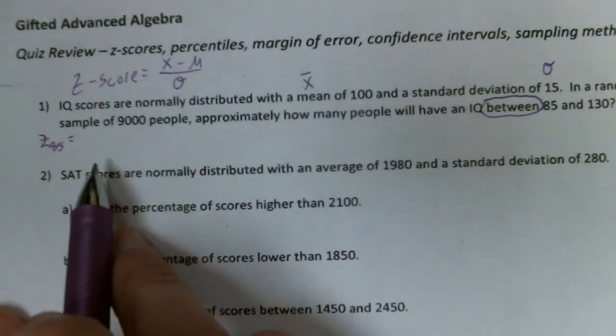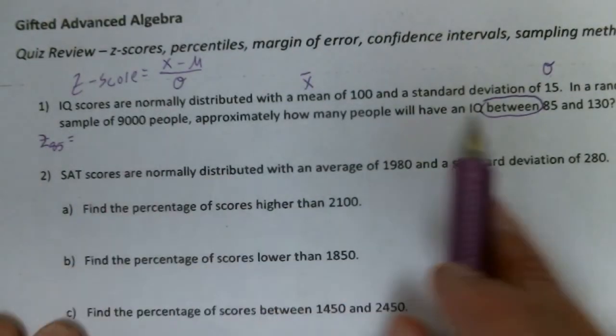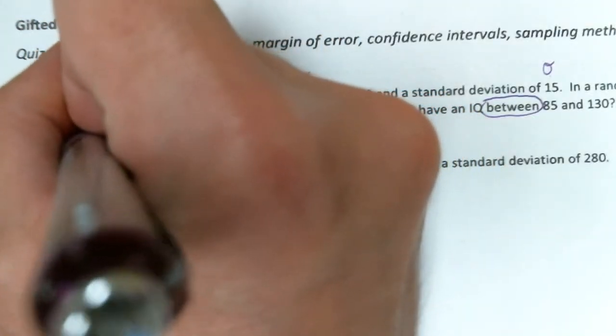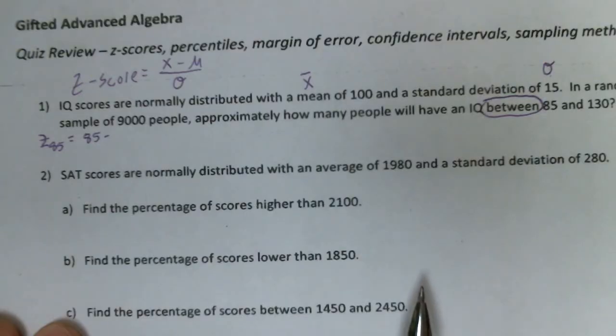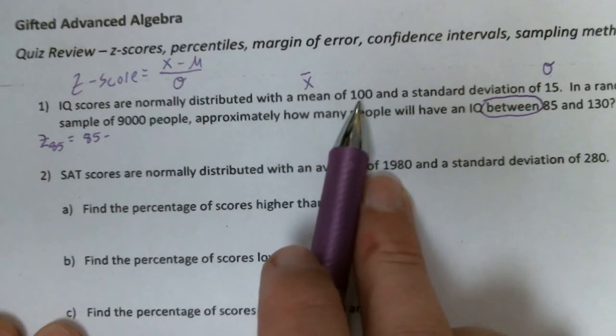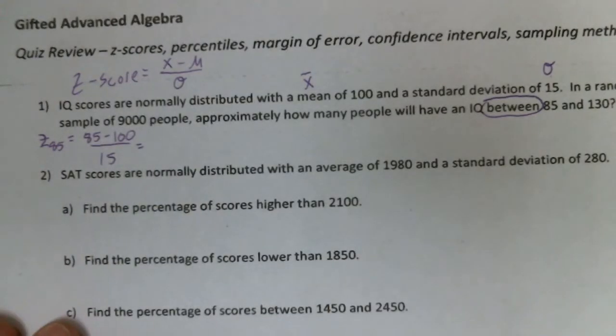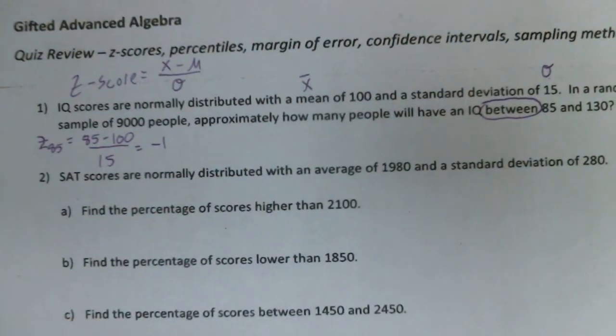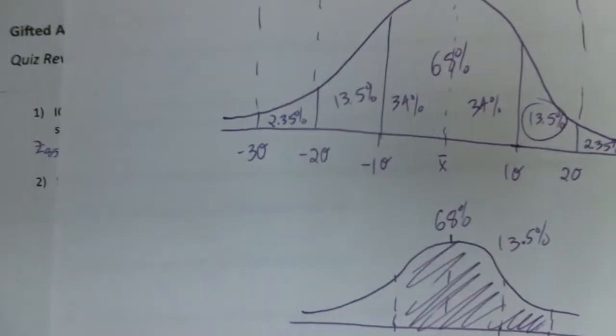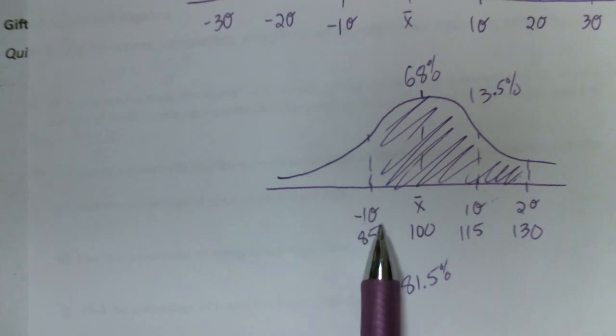So that's our raw data point, which is 85, minus the average, which is 100, divided by the standard deviation, which they told us was 15. If we do the math, that comes out to be -1. Well, what do you know? Isn't that the same thing we said over here? We're sitting at -1 standard deviation, so we pretty much already knew that.